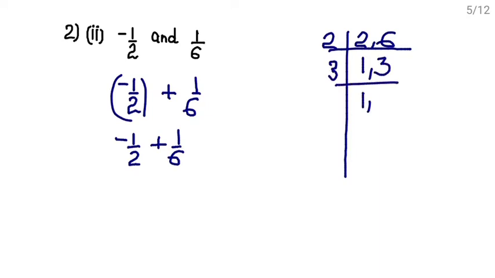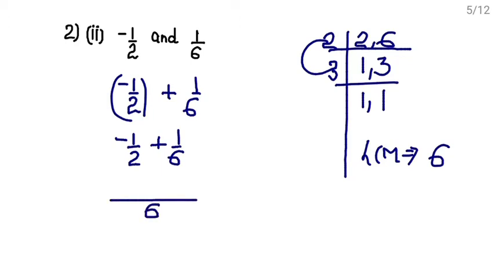So the LCM is 6, and you will make the denominators 6. To make this 2 into 6, with which number will you multiply it? 2 threes are 6, so multiply this also by 3. This is already 6, no need to multiply with any number.